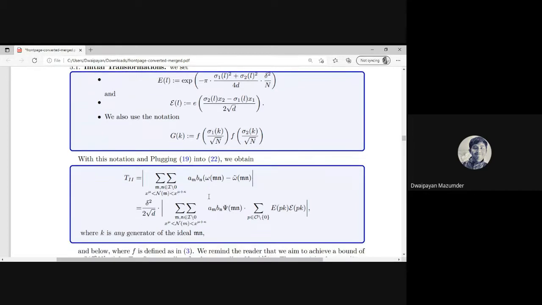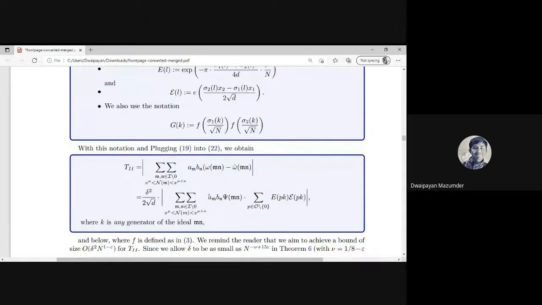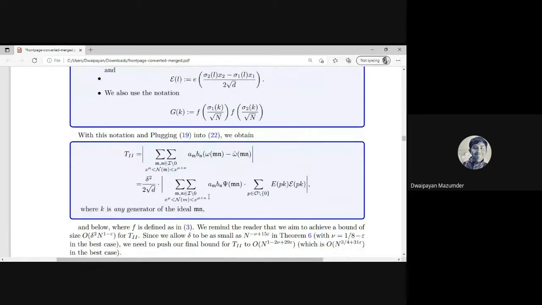And if you really observe this type 2 sum, you will understand that ultimately it looks like that. Okay, and we will take k as any generator in the second line. This k is any generator for this ideal mn.